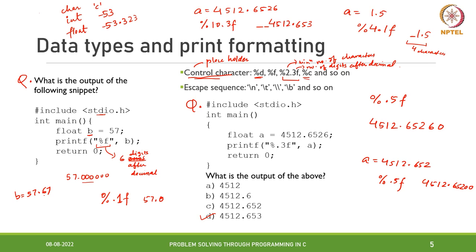So how many characters are there in this particular number? Consider it as a string. I know that it's a number, but when you pass it to a printf statement, it has to print it as a string. So 1 is also a character.